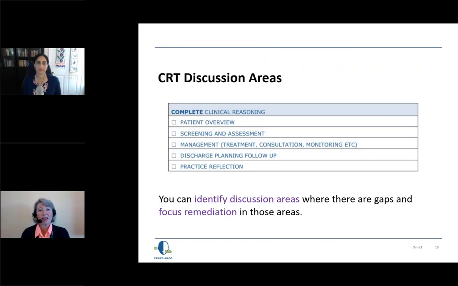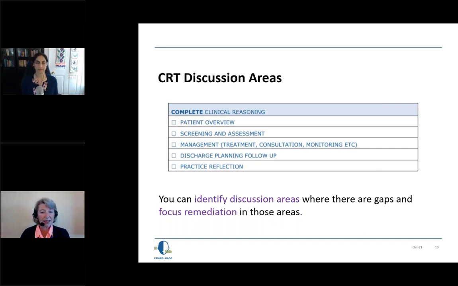And also in the clinical reasoning tool, there are discussion areas. So it's broken up into these 5 areas: the patient overview, which is background, developmental history, medical history, screening and assessment, management, which can include many things: treatment, consultation, monitoring, discharge planning, and/or follow-up, and finally, practice reflection, which again is a key concept we'll be exploring further.